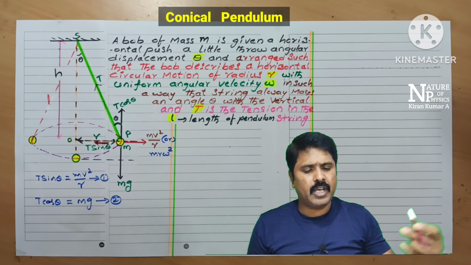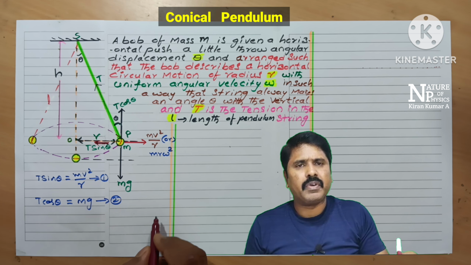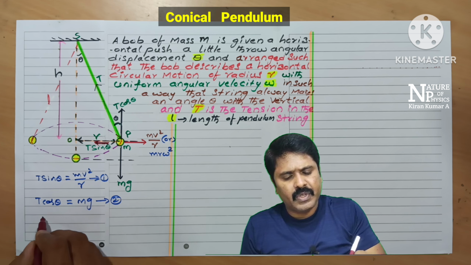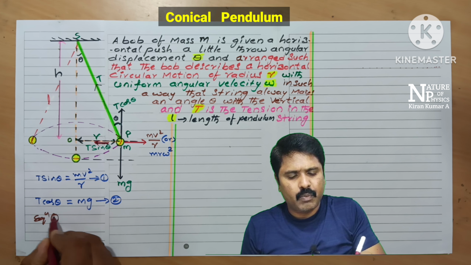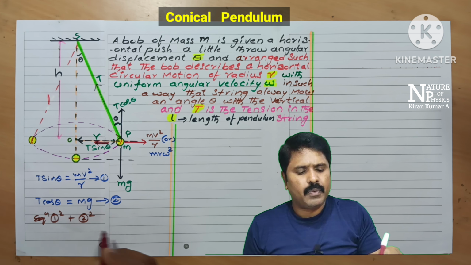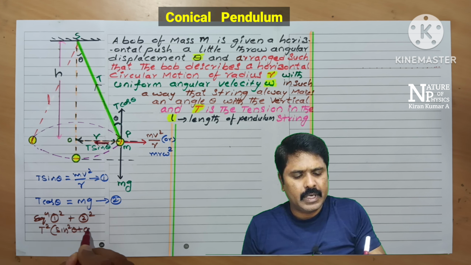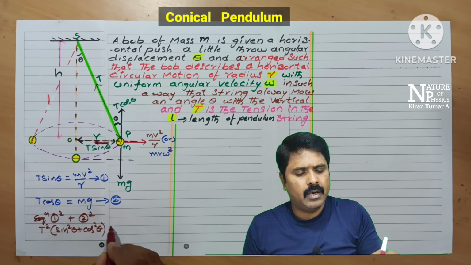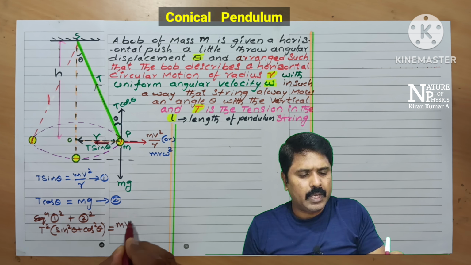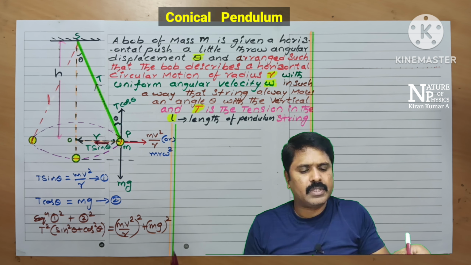In the continuation step, next is equation 1 square plus equation 2 square. So we get T square common, sin square theta plus cos square theta, which is equal to (mv square by r) whole square plus (mg) whole square.